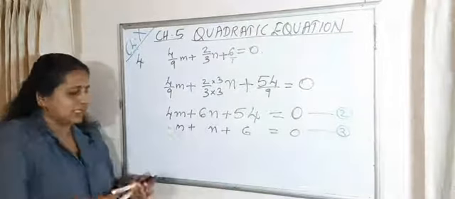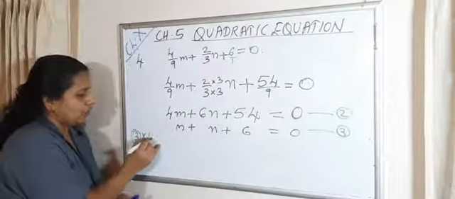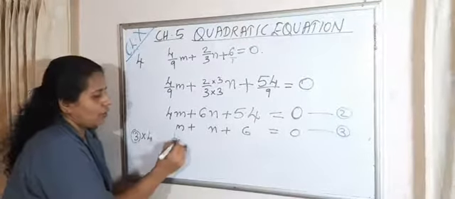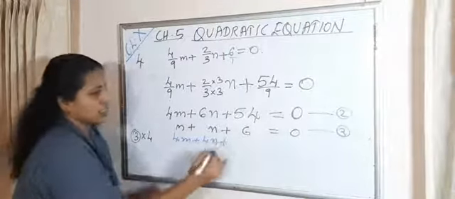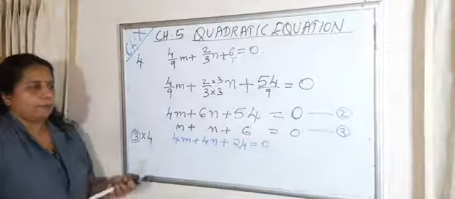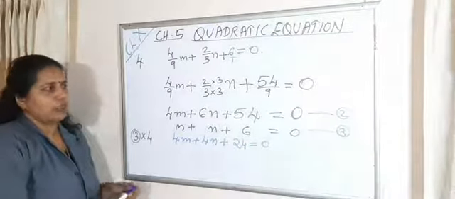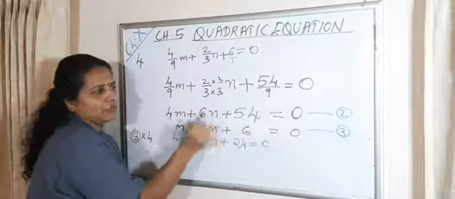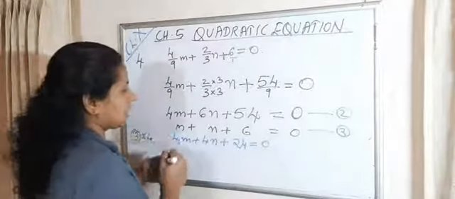So multiply equation 3 by 4. That is 4m plus 4n plus 4 into 6 is 24 equal to 0. 4m plus 4n plus 24 equal to 0. And this one is 4m plus 6n plus 54 equal to 0. Now consider that and put it as equation 4.